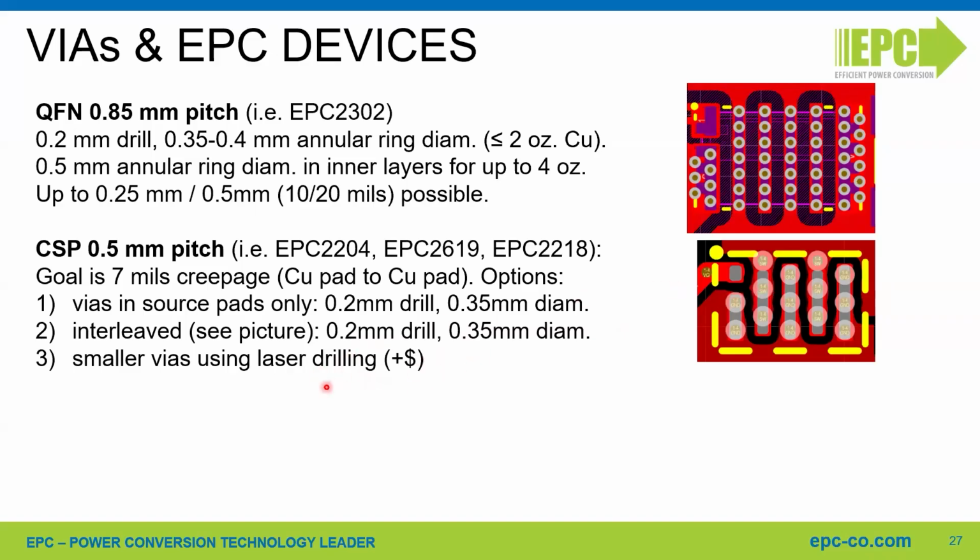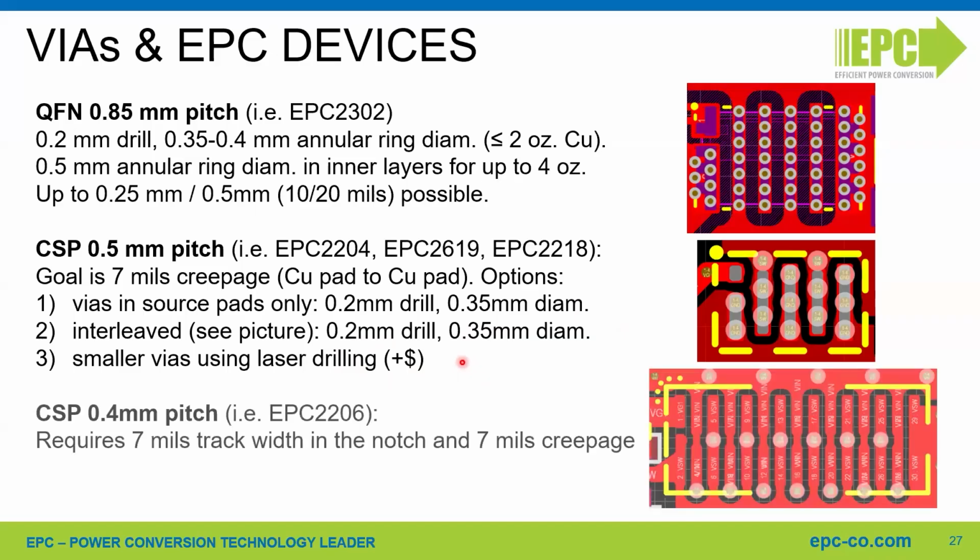Or the other option is to use smaller vias, which are usually more expensive. With our most difficult device to lay out, chip scale package with 0.4 millimeter pitch, like the EPC2206, the situation is not easy to solve, so you can place vias only in those positions as shown in this picture.